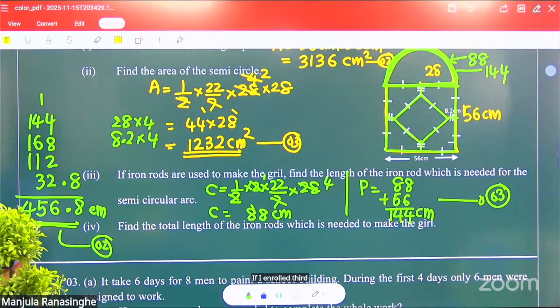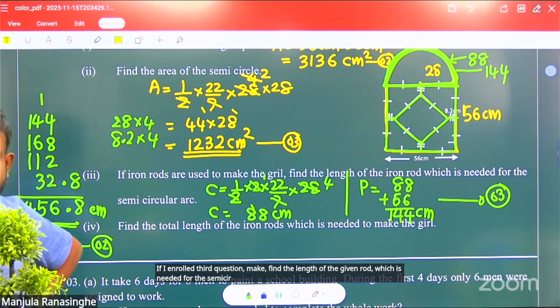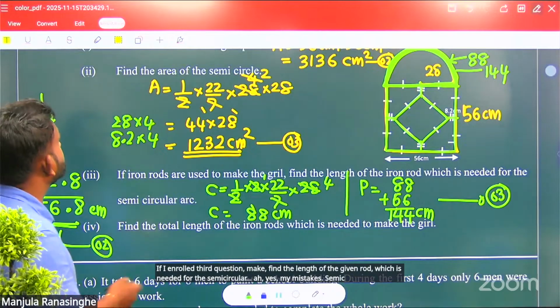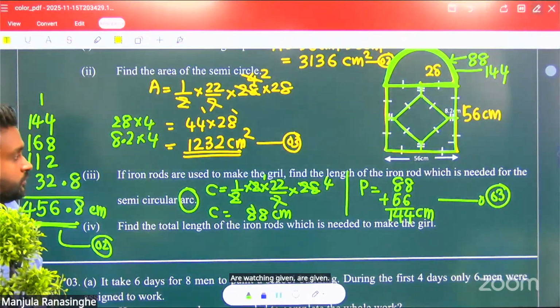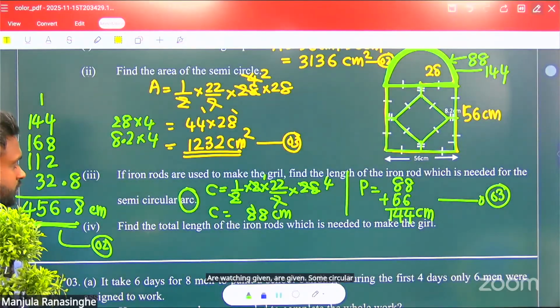Sir, in the third question, they are asking about the iron rod needed for the semicircular arc only, the arc, right? Find the length of the rod which is needed for the semicircular arc. Yes, my mistake. For the semicircular arc, the arc length is sufficient. That means 88. The arc length is 88.